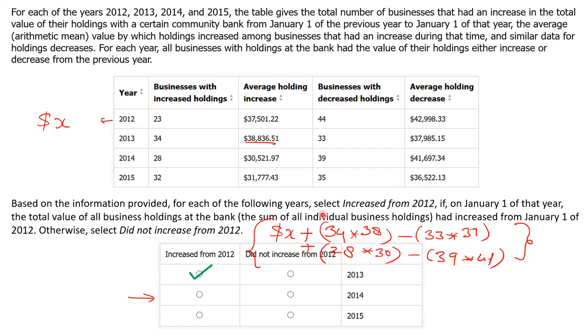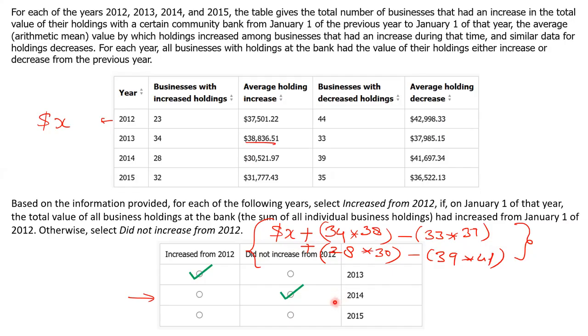So clearly then this number would be negative, making 2014 holdings lesser than what they were in 2012.